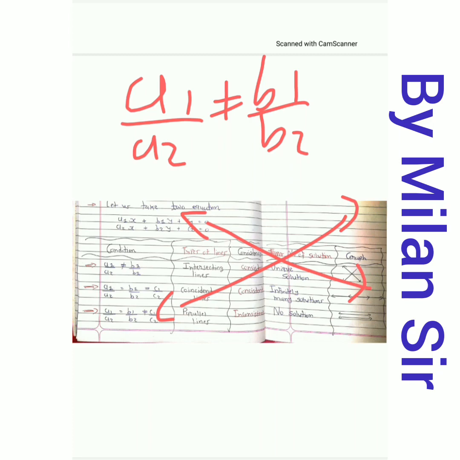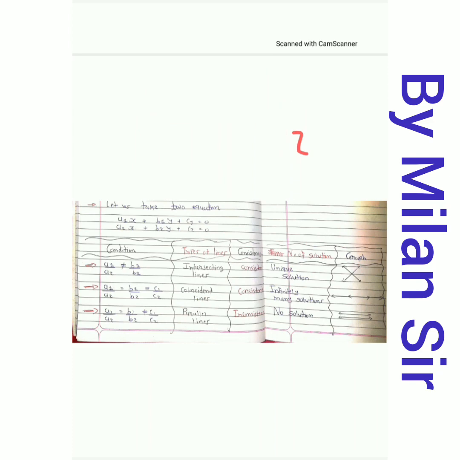But if they do not have same slope, then it is intersecting line. So third condition is a1 upon a2 is not equal to b1 upon b2, right? So these three conditions: a1 upon a2 is not equal to b1 upon b2 is an intersecting line. a1 upon a2 is equal to b1 upon b2 is equal to c1 upon c2 is coincident lines, and a1 upon a2 is equal to b1 upon b2 is not equal to c1 upon c2 is parallel line.